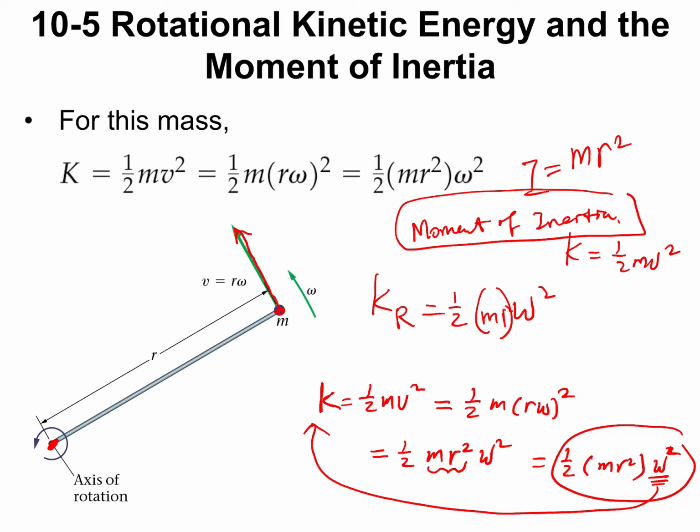Rotational inertia is not only about the mass, it also depends on the distribution of this mass. Distribution means how far away from the rotational axis.